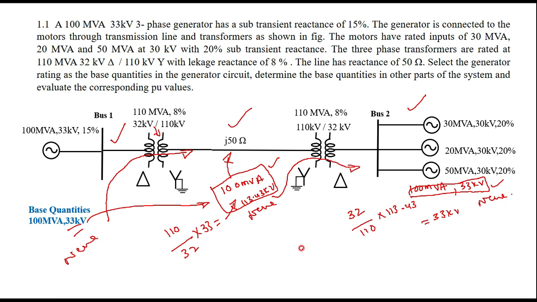Okay, next, once we know the base quantity, and these are all the old quantities, then you have to apply the formula and find the per unit reactance of each component of the power system. That will be worked out now.